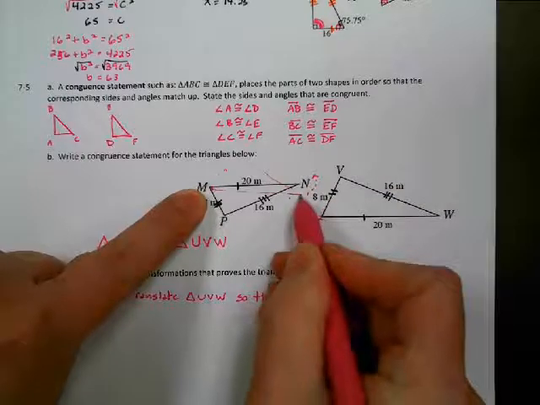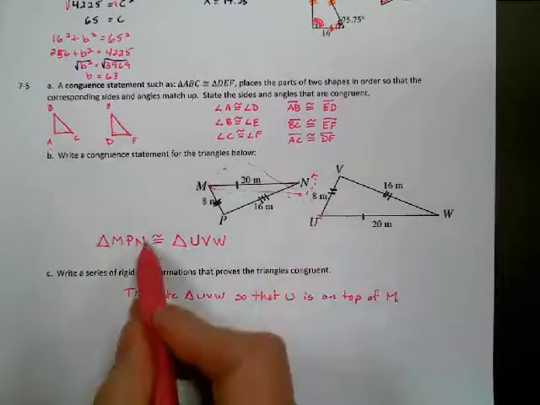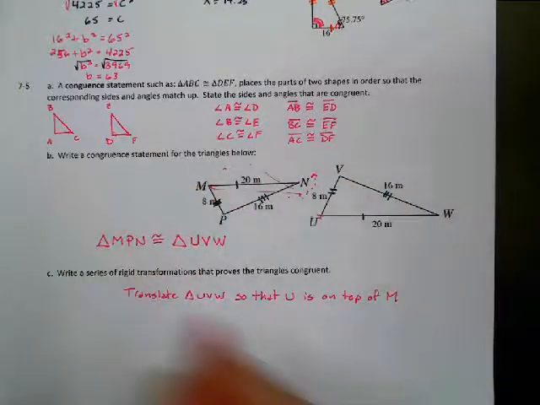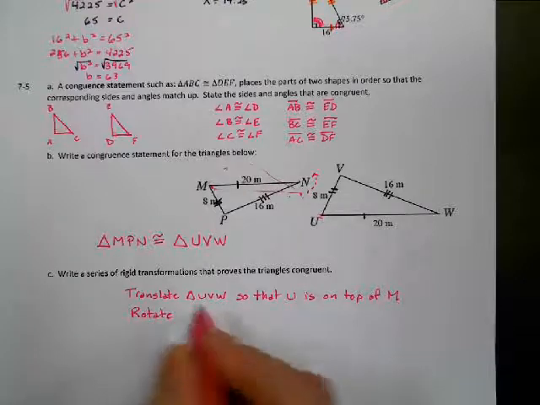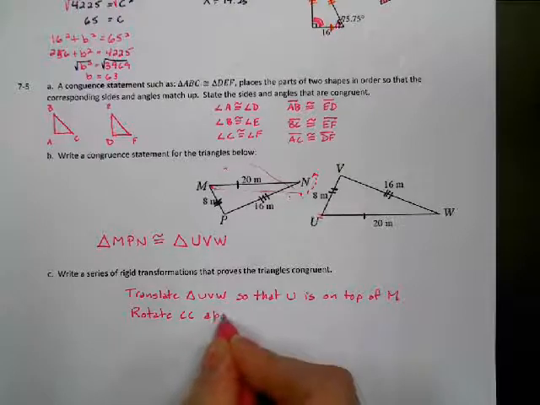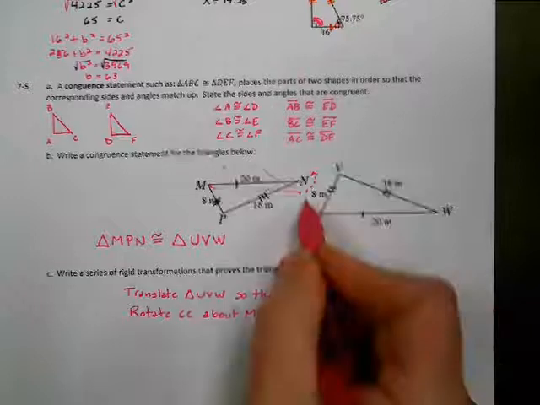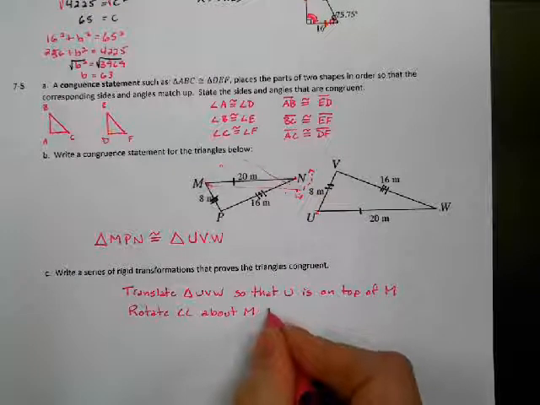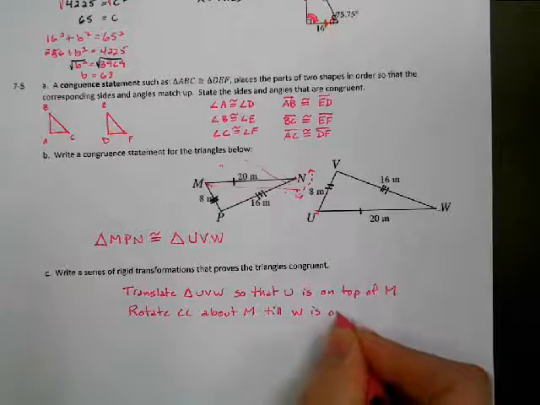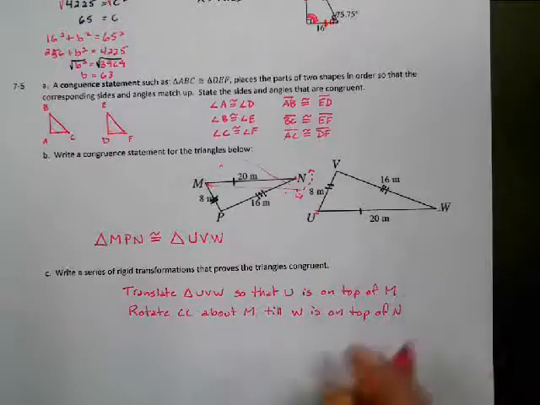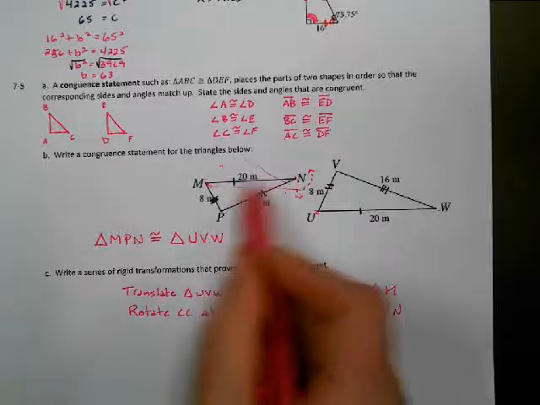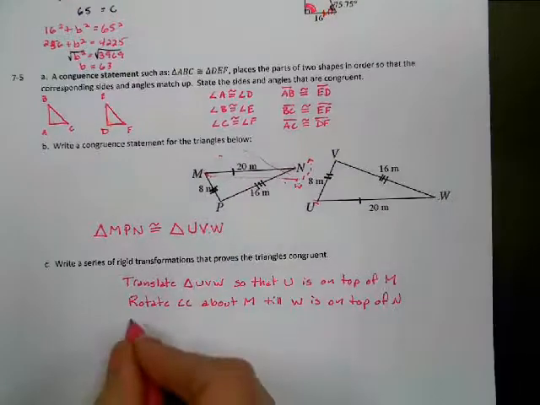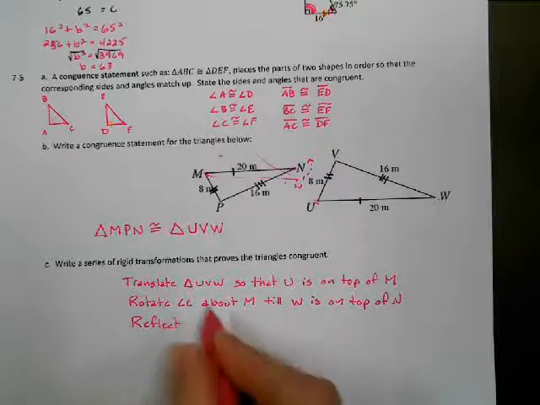So I'd rotate it counterclockwise about M until W is sitting on top of N. Once W is on top of N, this MN and this UW would be on top of each other, and then I just reflect it over MN. Then those two shapes would be on top of each other.